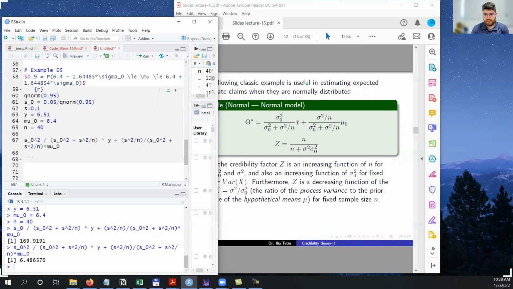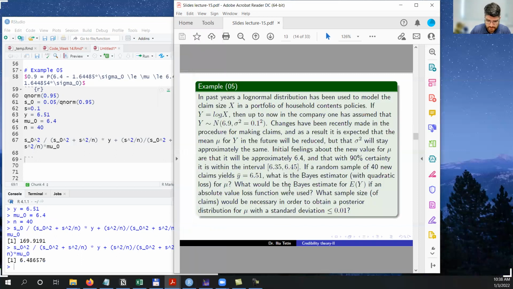So to obtain a posterior with standard deviation less than or equal to that value, in this situation we need a sample of size n such as what we have just estimated, 6.48, and this is the posterior, right?